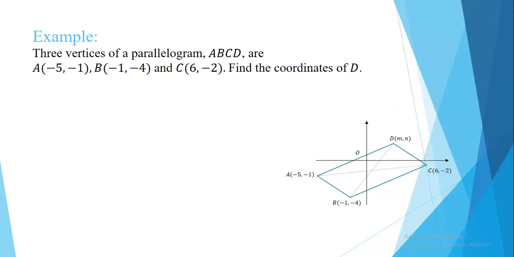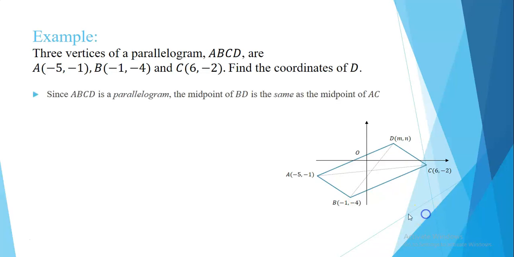The idea in this question is to use midpoints to find the coordinates of D. There are two ways to do it, but one way is to use midpoints. In a parallelogram, the midpoint of one diagonal, BD, is the same as the midpoint of the other diagonal, AC.